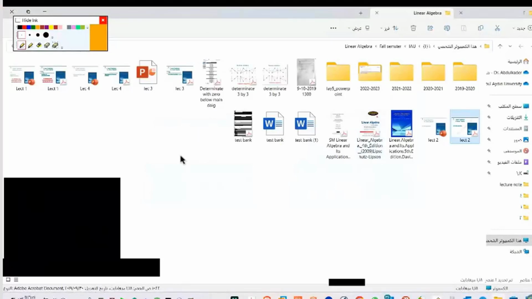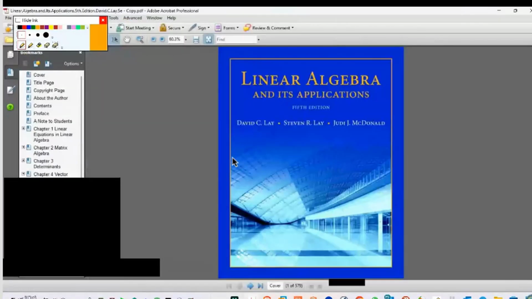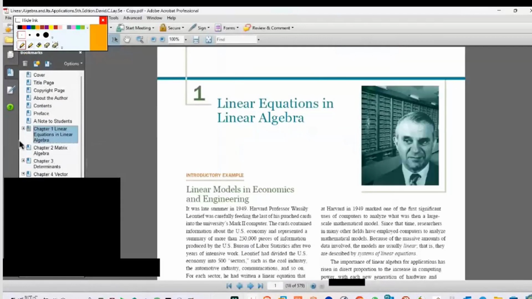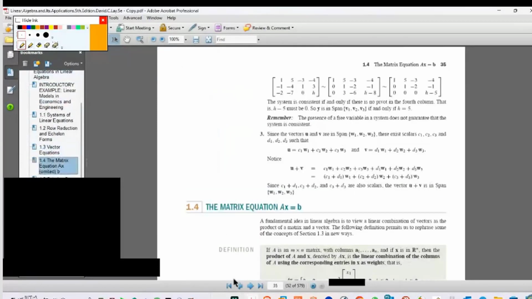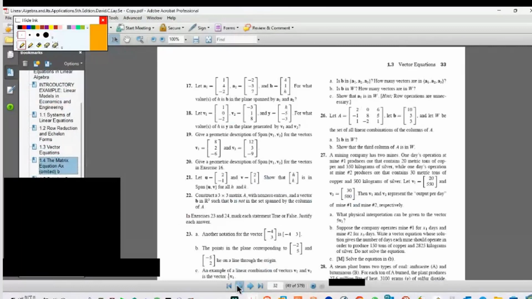Where's the book? Just a minute. Just this book. Go to the vector form and return back to the questions.